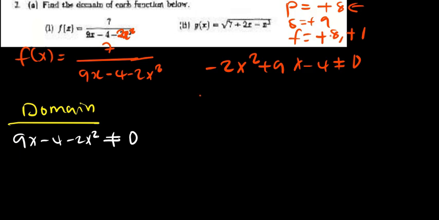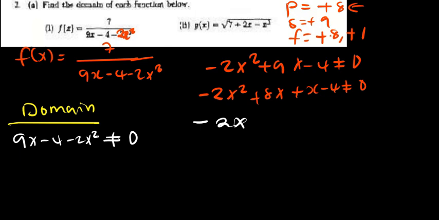So now I have negative 2x squared plus 8x plus x minus 4 not equal to 0. We are solving for x. Let's factor out negative 2x here, I remain with x, then minus 2x there is going to be 4. Not 4x, but just 4, because x we have already here.